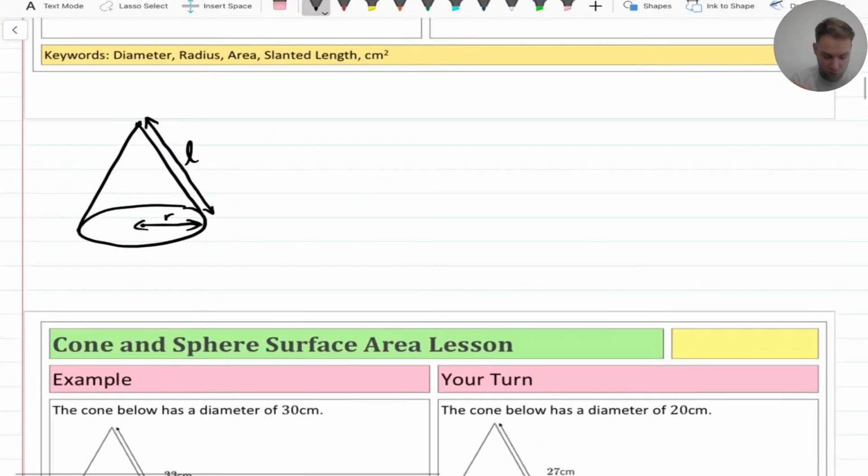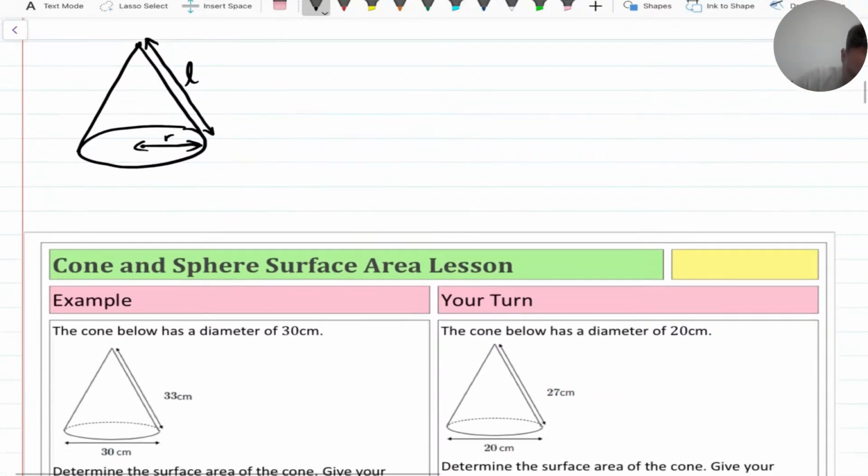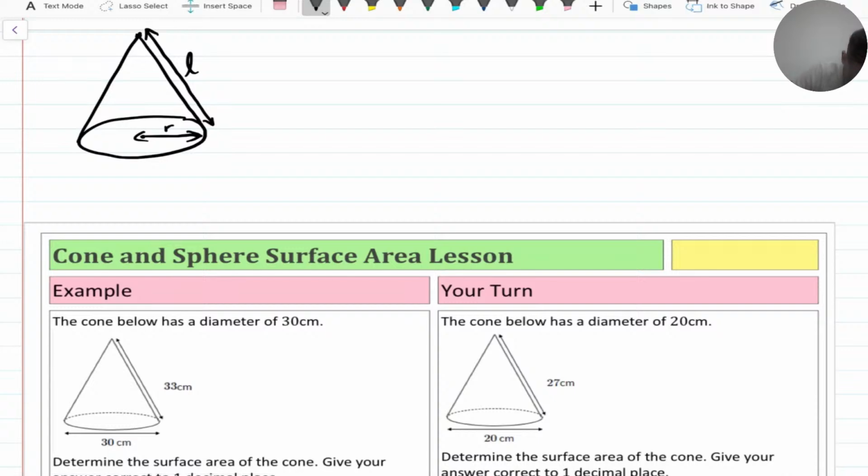So the curved surface area of a cone, so this is only the top part, okay? Now this is really important.